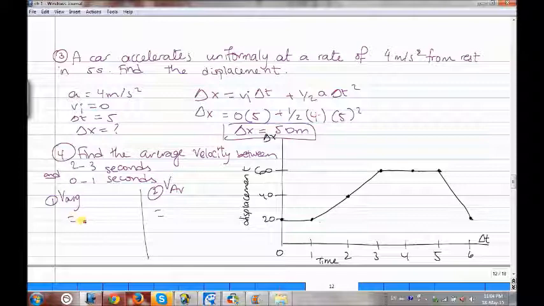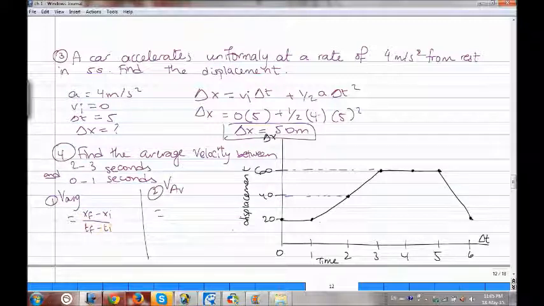Here we have 2 to 3 seconds. This is the time, this is the displacement. So 2 to 3 seconds, from here to here, is 40 and 60. The formula is xf minus xi over delta t, which is also tf minus ti. So 60 minus 40 over 3 minus 2.